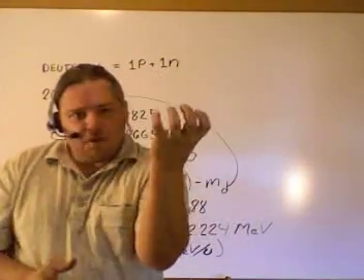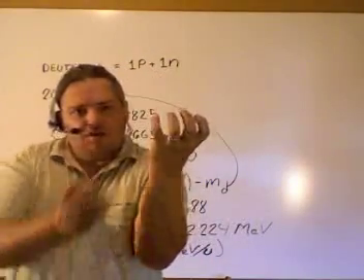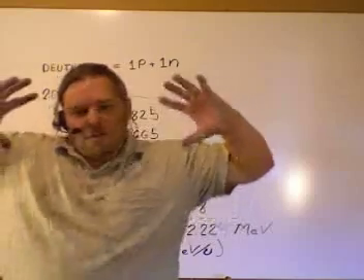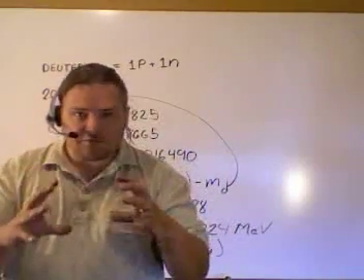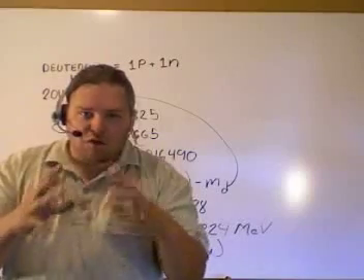So I've got the number of protons times the mass per proton, plus the number of neutrons times the mass per neutron, which gives me the theoretical mass value, the mass value it should have, if matter was conserved.